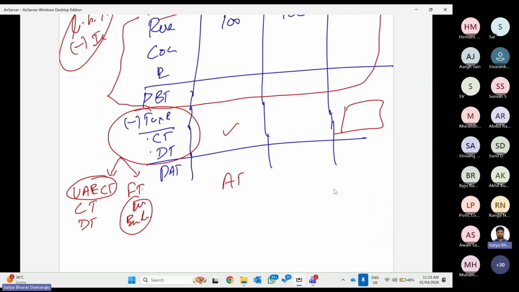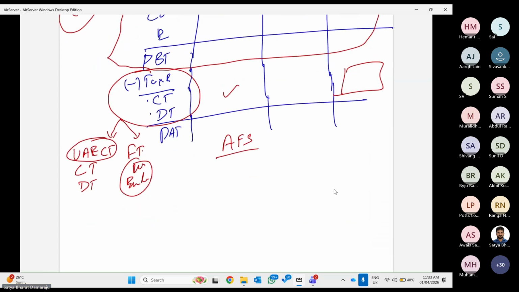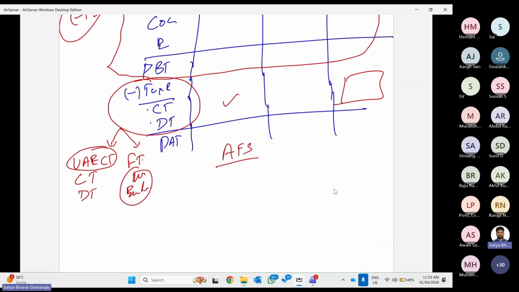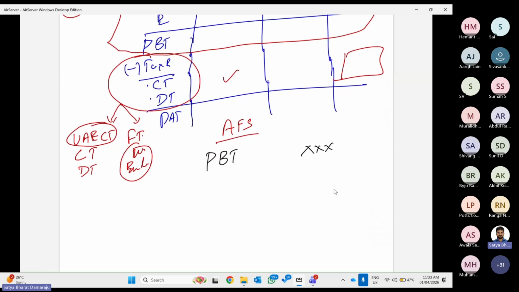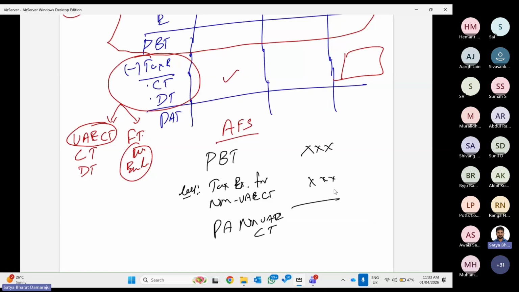So in the AFS, how they want us to present: you do the complete aggregation till profit before tax. After this, you show the tax expense only for non-UAE corporate tax, and then profit after non-UAE corporate tax.